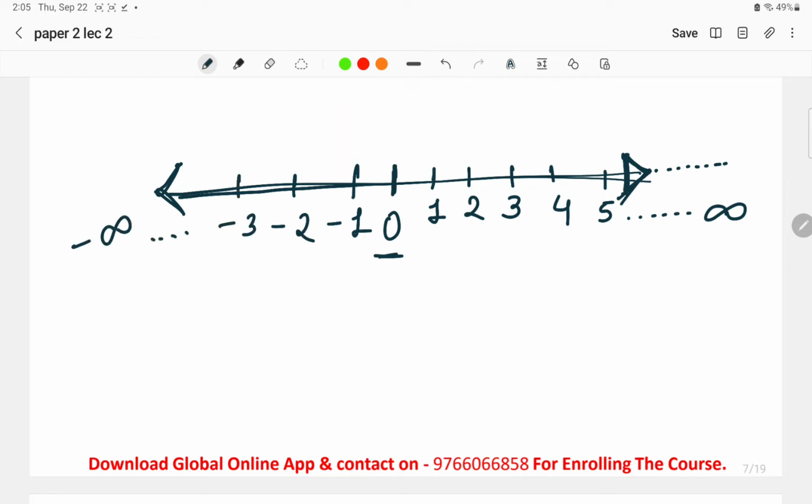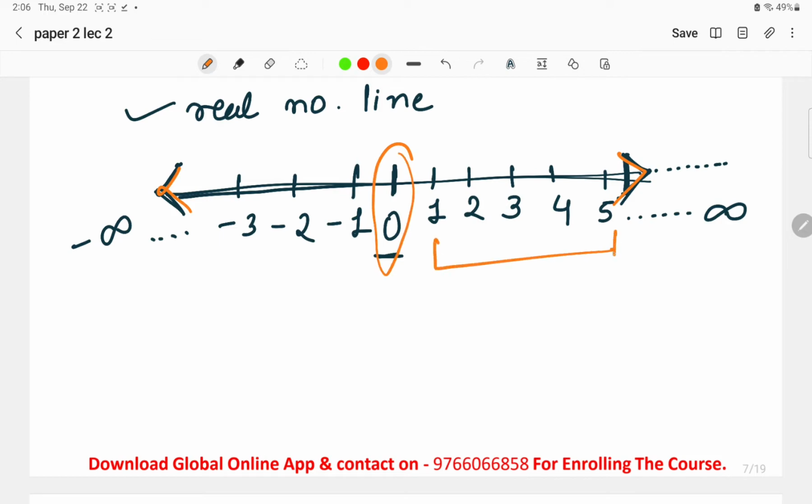So basically a real number line is nothing but a horizontal line with arrows on both the sides, and it consists of an origin called 0, and all the positive numbers are represented on the right hand side, and all the negative numbers are represented on the left hand side.